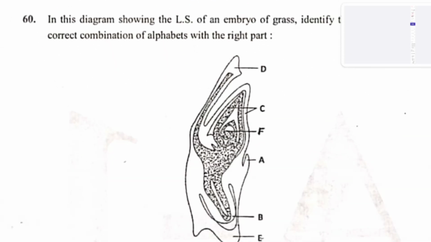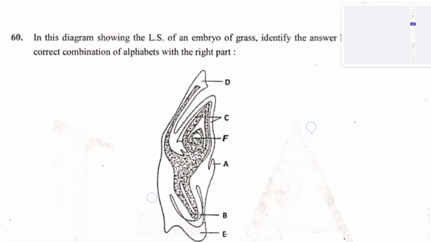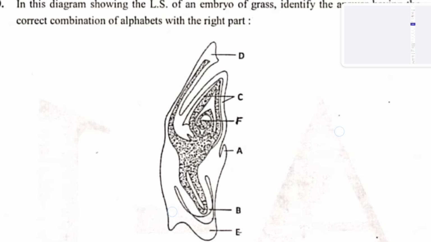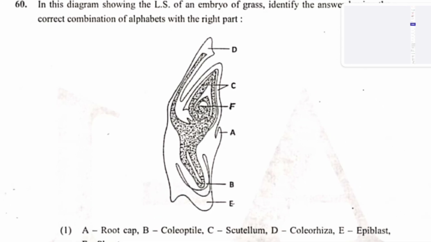Then read out the next question. Again they have given a diagram of a monocot embryo. You have to label the parts here. D, it is a scutellum.